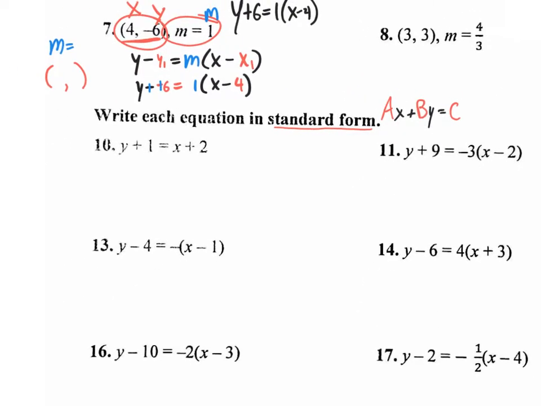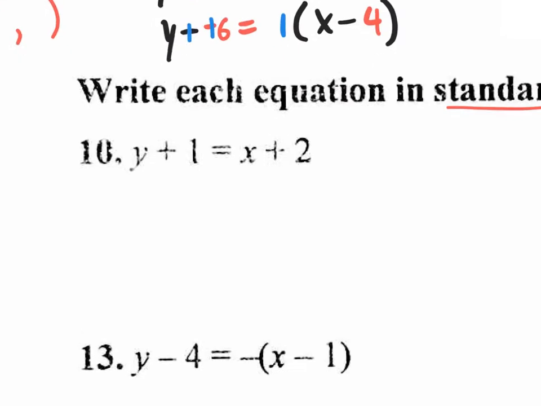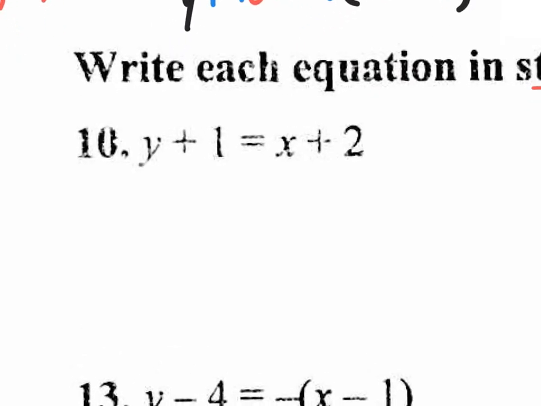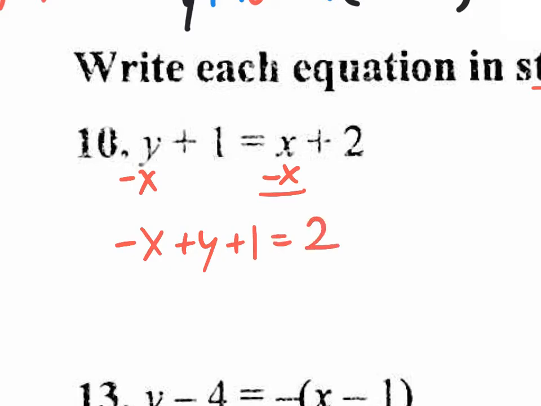So let's look at number 10 right here. That's really easy to do. All you have to do is move the x over to the other side. And you're going to have negative x plus y plus 1 equals 2. And of course, you want the numbers on the right side. So I want to subtract 1, and I'll have negative x plus y equals 1.